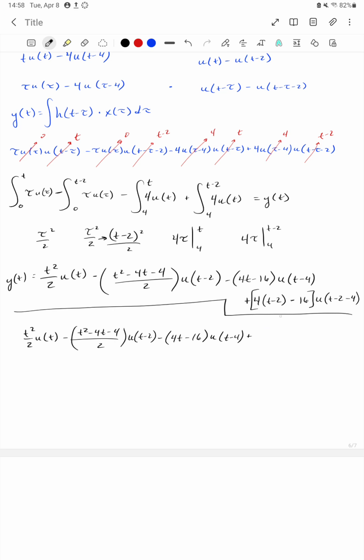But then let's distribute this 4 to make our lives easier. So this becomes plus 4t minus 8. So this should be minus 8 and then minus 16, right? So that'll be minus 24. u of t minus 6. Okay.